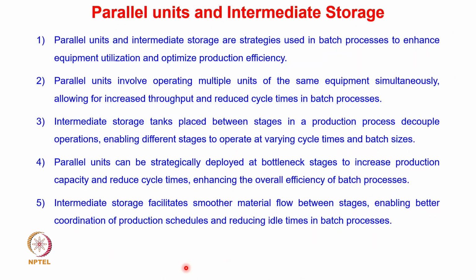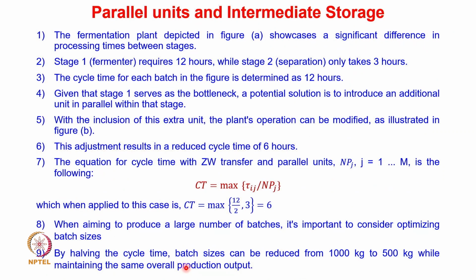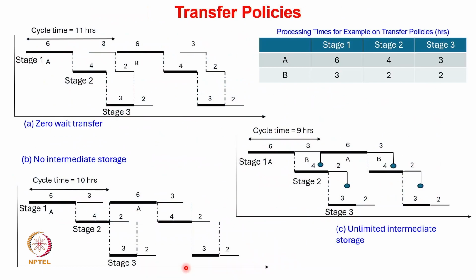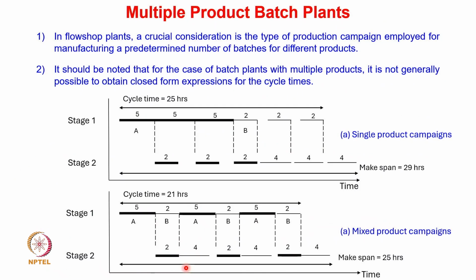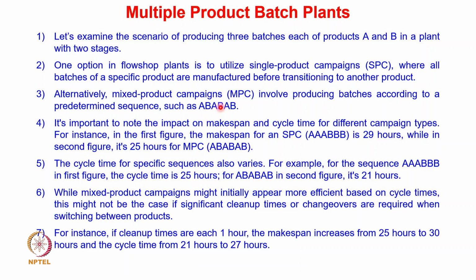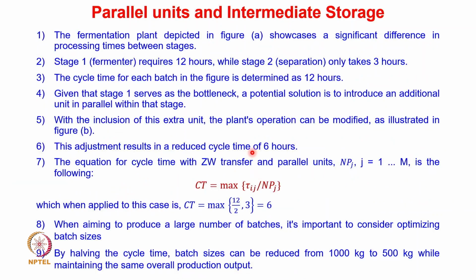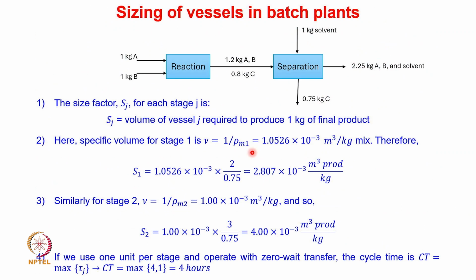You can see that in the single product campaign, only product A is produced first, and then we produce the products in an alternate way, like AB, etc. So which product campaign should be selected, that is what we discussed in the last point.